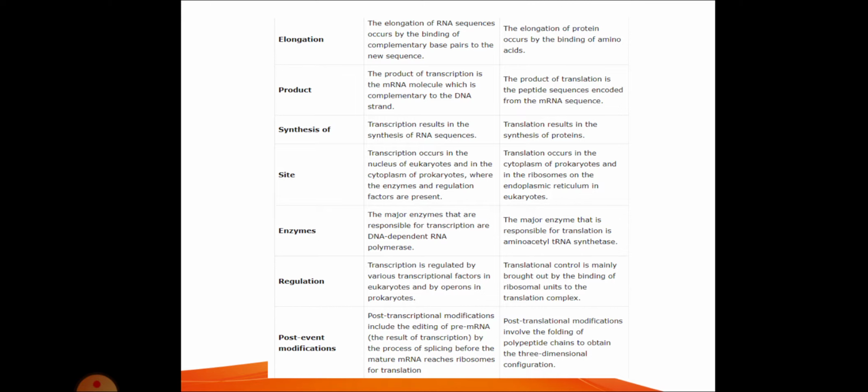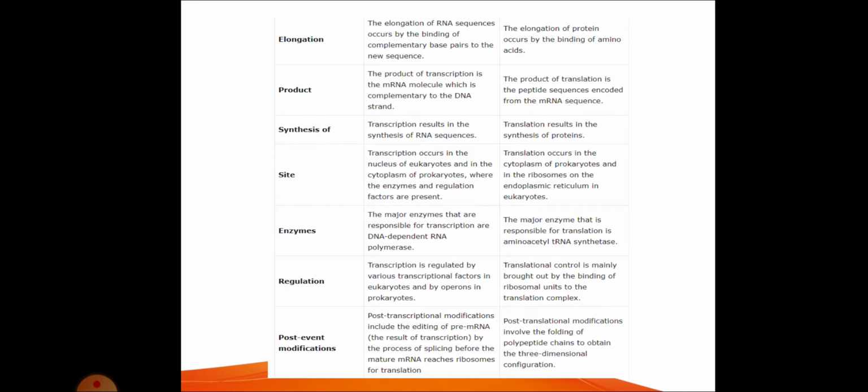The synthesis of transcription results in RNA sequences. Translation results in sequences of proteins. In the site of each process, transcription occurs in the nucleus of eukaryotes and in the cytoplasm of prokaryotes, where the enzymes and regulation factors are present.